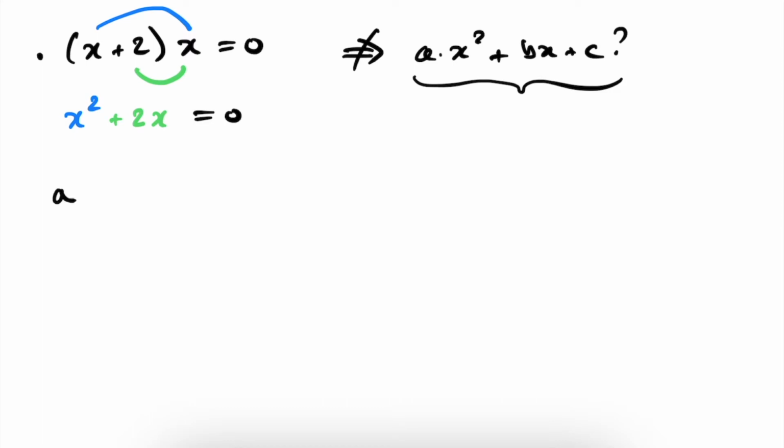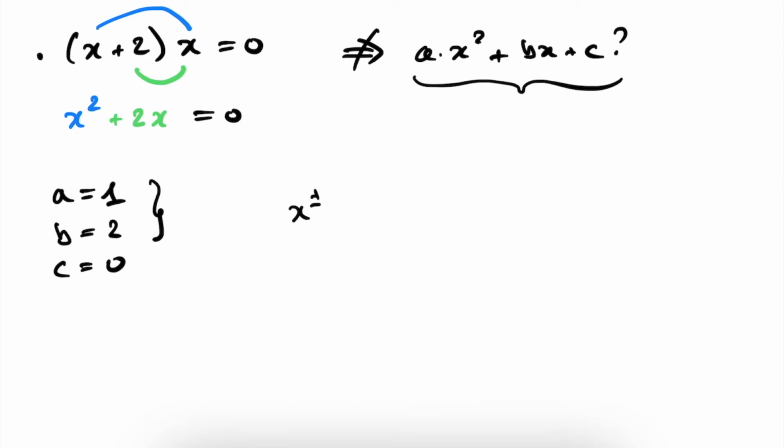Now with a is equal to 1, because we have nothing in front of this x squared, and b is equal to 2, because this 2 is in front of this x. And now c is equal to 0, because we don't have any term without an x. All of our terms, x squared and 2 times x, have an x, so c is equal to 0. And this will simplify our solution by a lot.